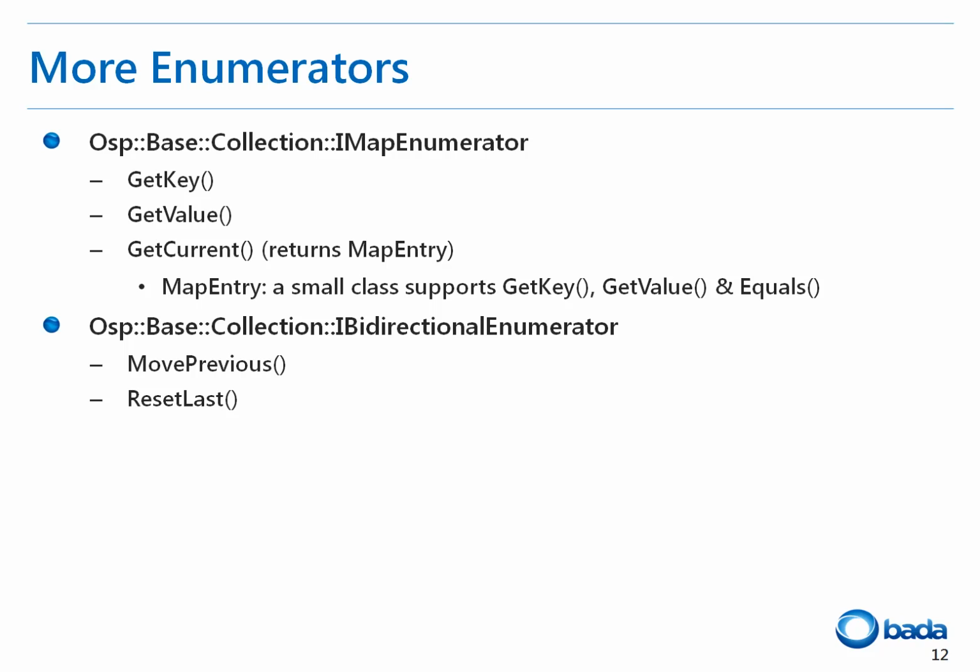If you call the GetCurrent method to get the object of the current point, the method returns the MapEntry object. The MapEntry object contains the key and value pair. Besides this class, there is also the IBidirectionalEnumerator class that enables enumeration both backwards and forwards.